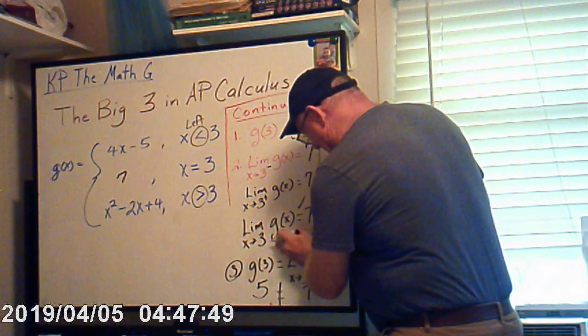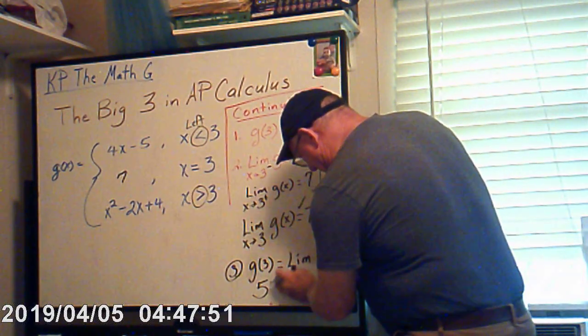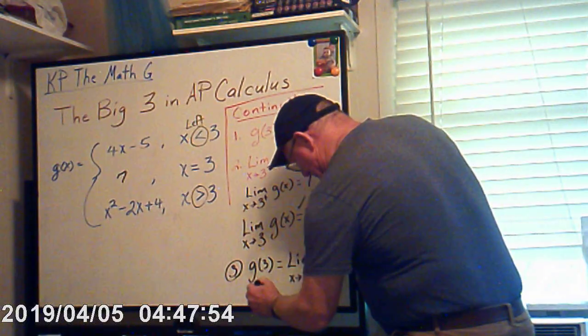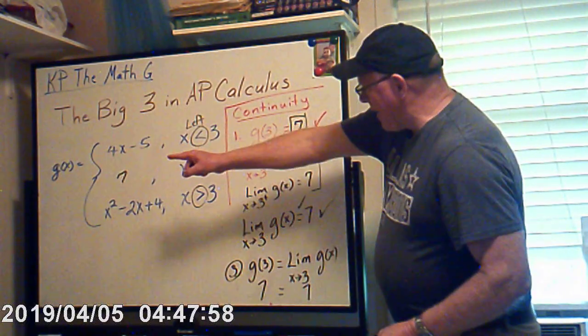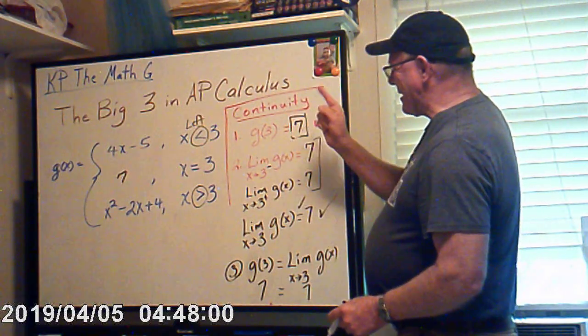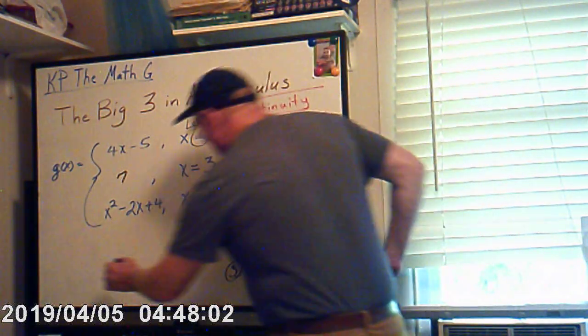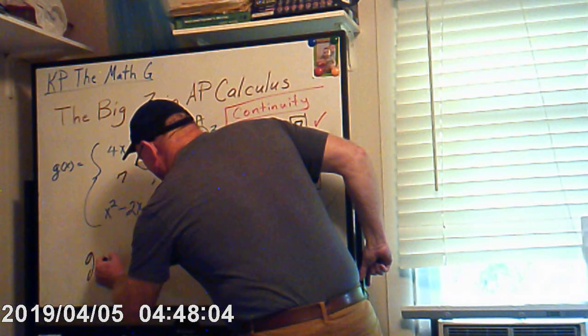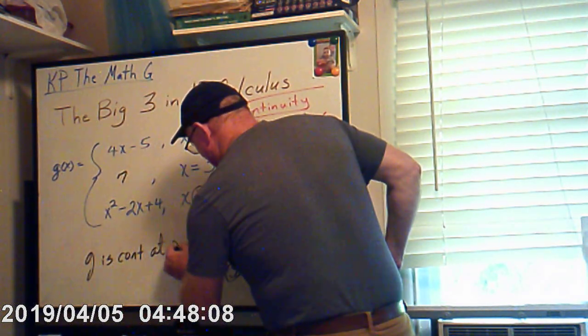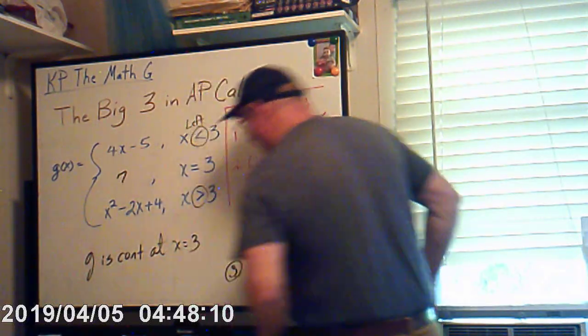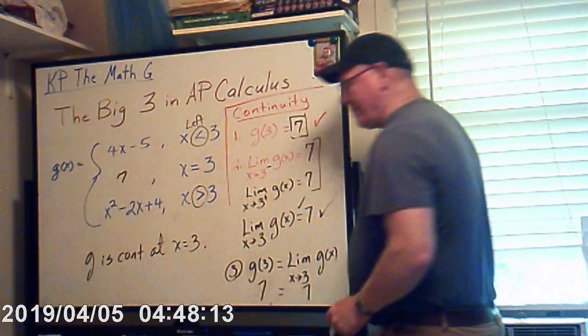Yes. 7 equals 7. And what you got to say is, g is continuous at x equals 3. That's what you got to conclude.